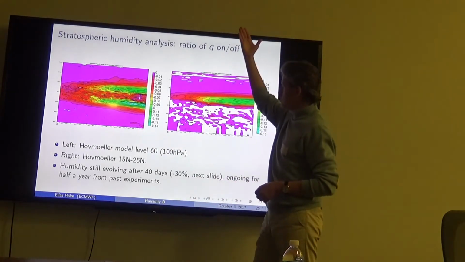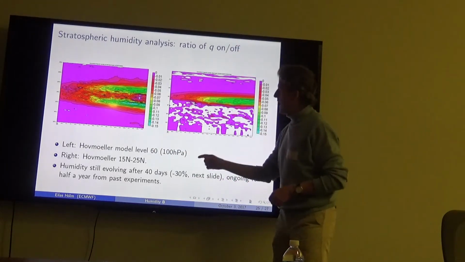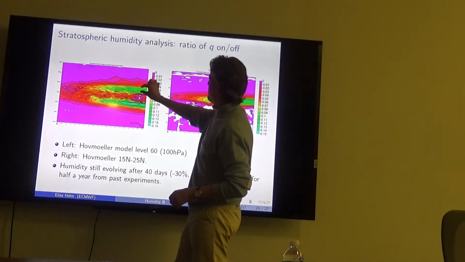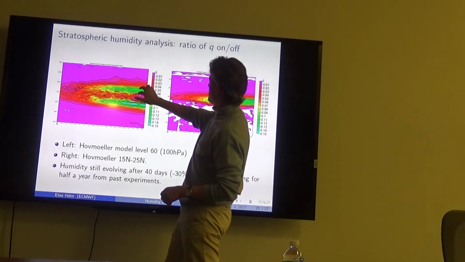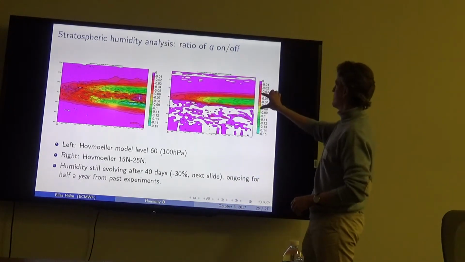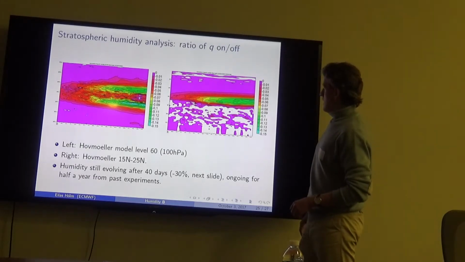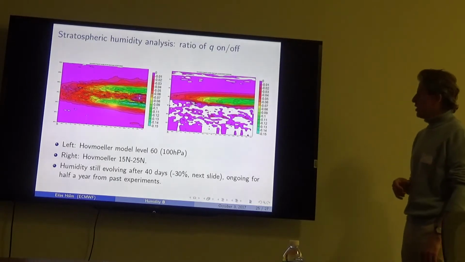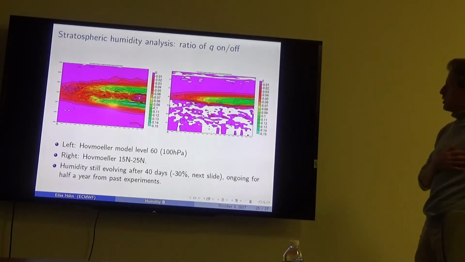And if you make a cross section here, or actually an average between 25, 50 and 25 north, look at this, you see that in vertical it's really grown to an extent. And you see the experiment when I left on Friday, it had done about 40 days.